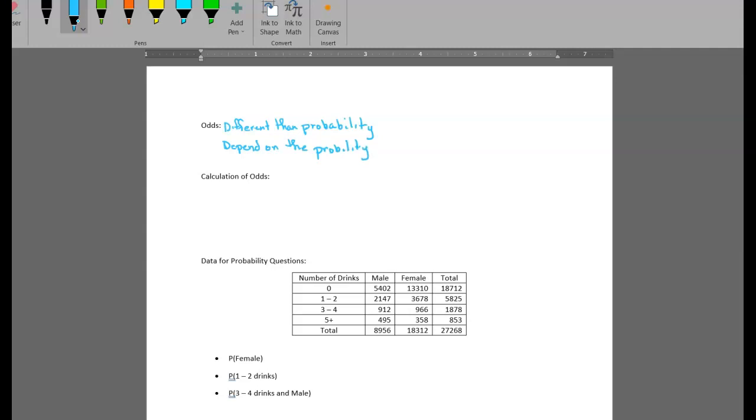So the calculation for odds is the ratio between the probability of the event happening versus the probability that the event doesn't happen.